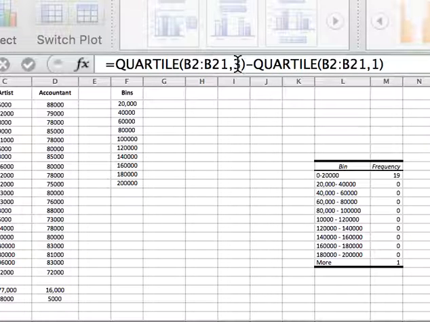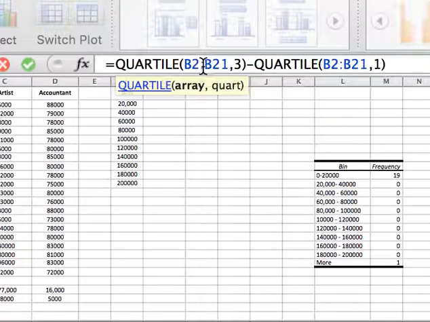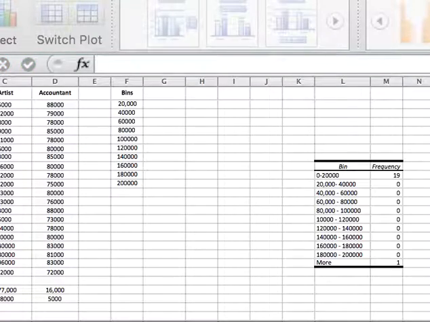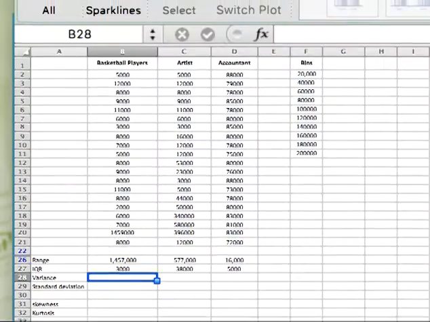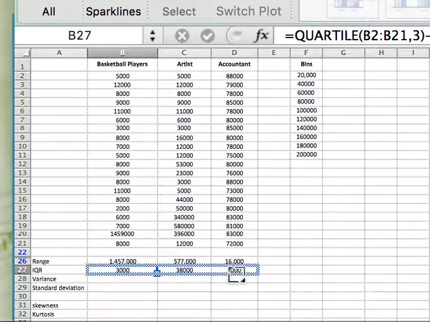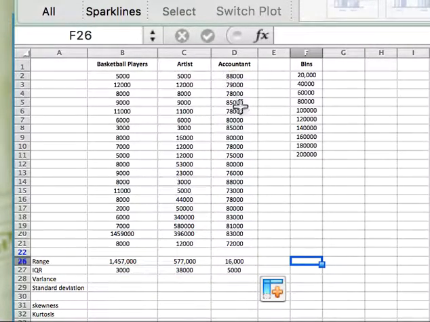I identify which quartile I'm talking about. So this represents what part of the data I'm looking at. This represents which quartile I want to specify. And then I do the same thing, noting that I'm highlighting the same data here, only I'm looking at the first quartile. So it's the third quartile minus the first quartile. I hit enter and I get my value here. And I can do that then, again, drag it across and get those values for everything else.